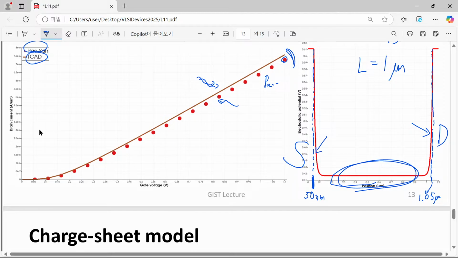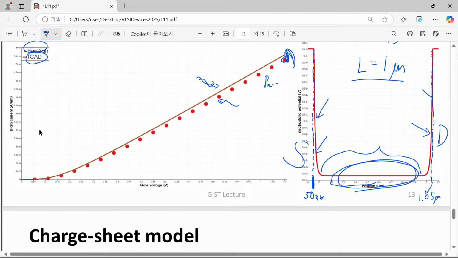Our assumption when we started was that we can neglect the source and drain and consider only the central part of our intrinsic transistor. Actually, this is the central part of our transistor, and there exist transition regions between source and channel and between channel and drain. That's the reason why we have small differences here.